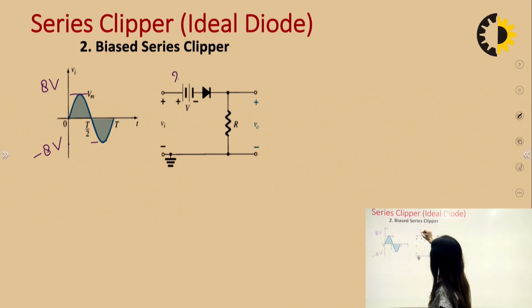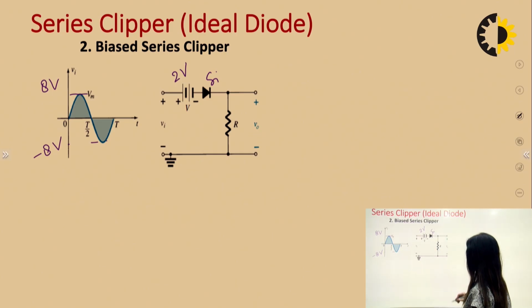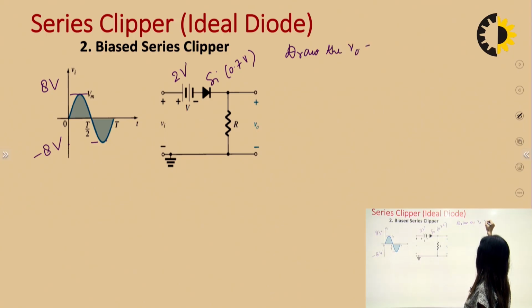Now take the battery as 2 volt. Take this as a silicon diode. The cut-in voltage would be 0.7 volt. Now we have to draw the output waveform. This is the question. I have changed this particular question a bit. Now we will understand how to do it.